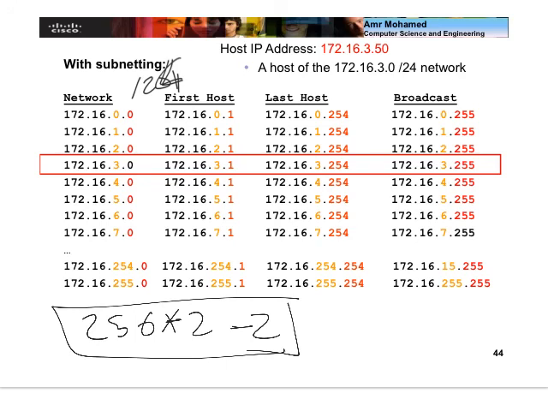This is the amount of host addresses you lose due to subnetting. Without subnetting, you lose 2. After you do subnetting, you lose 256 times 2. So due to subnetting, you subtract the 2 from the case without subnetting. We're trying to get the number of host addresses that we lose if we were to use subnetting.